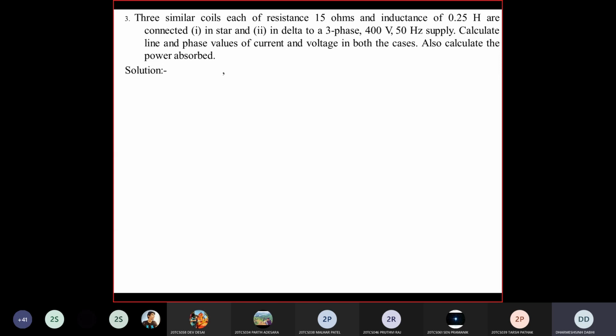First of all, you calculate XL, inductive reactance. What is the value of XL? 78.54. Yes, very good. R is given 15 ohm, L is given 0.25. So per phase reactance XL is 2 pi F into L, that is 78.54 ohm.